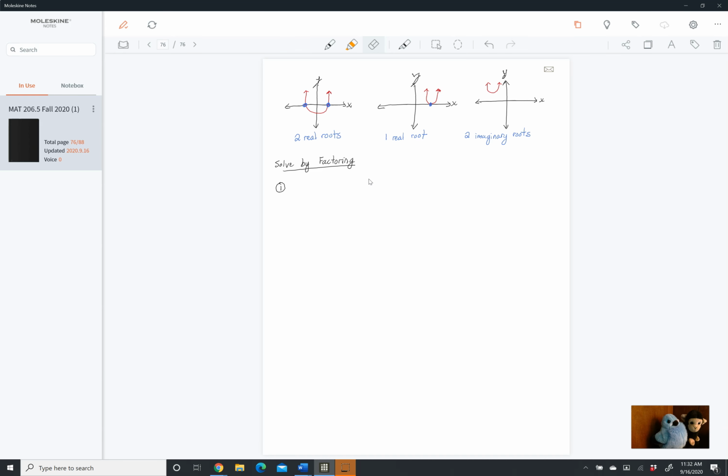We're going to start where a is equal to 1, okay? Meaning that when we have f of x equals ax squared plus bx plus c, the first coefficient is 1, so it's just going to look like x squared, okay?